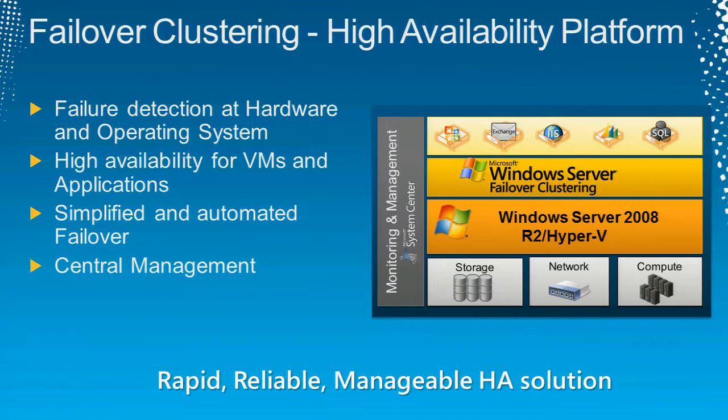Before we go into the recommendations, let's spend a few minutes on failover clustering. What is failover clustering? Failover clustering is a high availability platform which ships as part of Windows Server Enterprise Edition. It has been part of Windows Server for the last 13 years, starting from the NT4 time frame. All it does is provide a mechanism to bring together one or more Windows servers and cluster them together, so that it can provide a hosting environment where you can run your workloads.